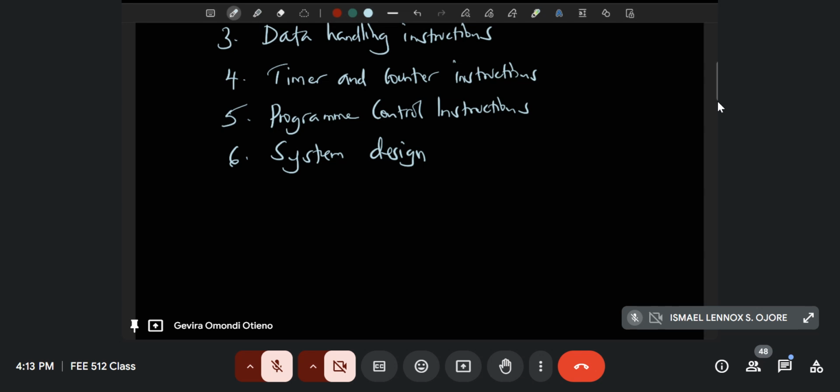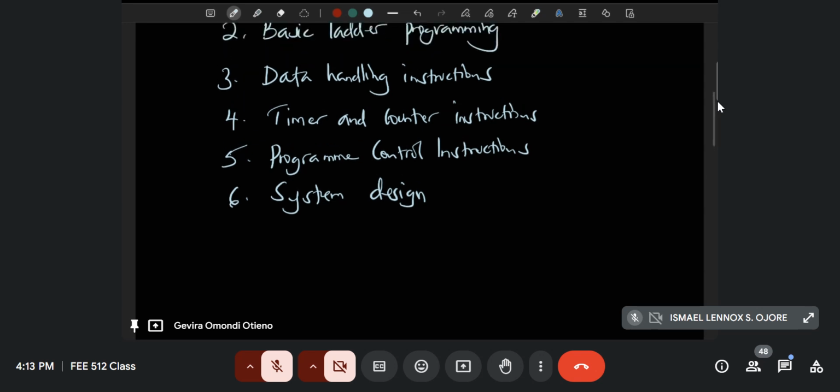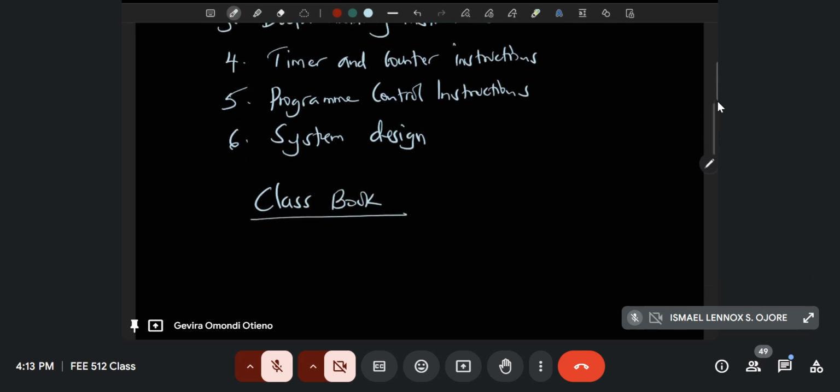Okay. Now, again, I would not want to indicate here because I don't like restricting students to specific books, but there are quite a number of books today that exist both in the library, in the bookshop, or even online that deal with industrial automation. However, like you might have guessed, our class book that I will base my discussion on, I provided this in fourth year, is Programmable Logic Controllers.